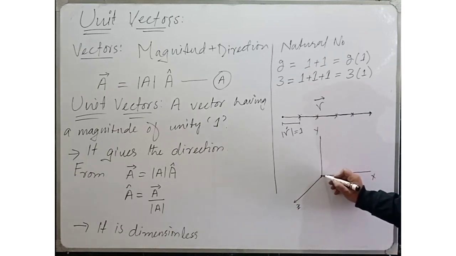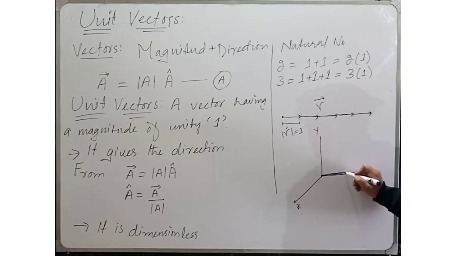If a vector is totally along the x-axis, let us use the blue one. Let us take that we have a vector and the vector is pointing along the positive x-axis, right? Now whatever magnitude it has, we are not interested in its magnitude.